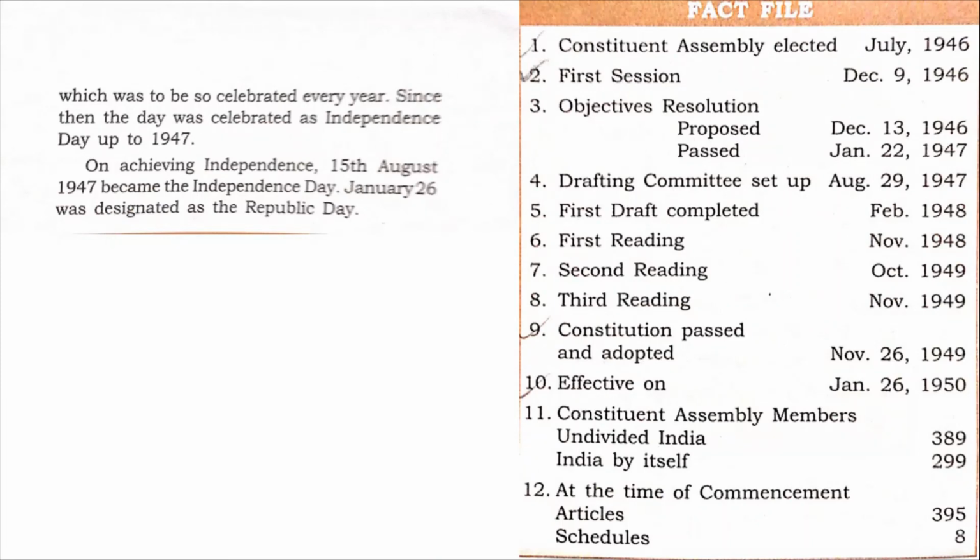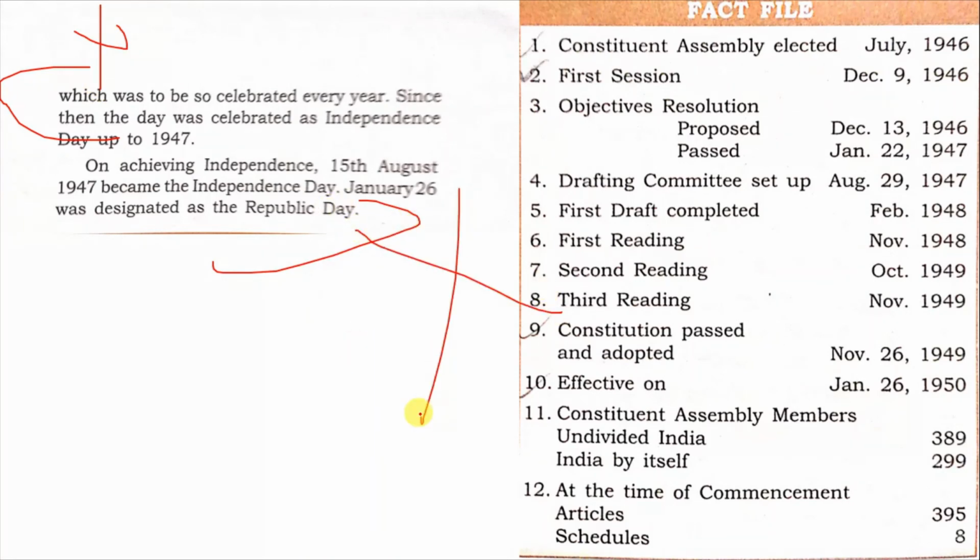January 26 was designated as Republic Day. This thing is not that important because all the points that are here are the ones that you have learned from lower classes. Okay, and over here the important points I will say: this Constituent Assembly elected, it is important. Then first session, it is important. Then the objective resolution that was both proposed and passed is important.